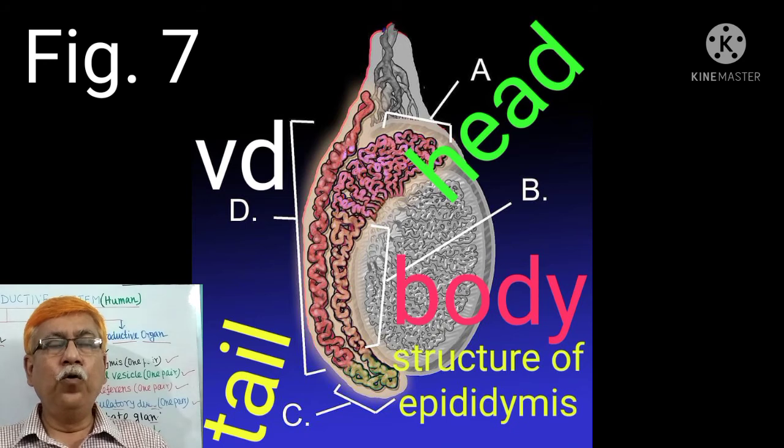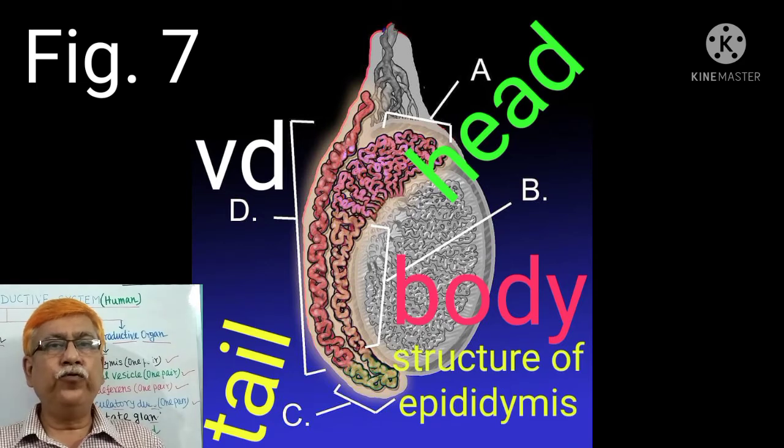Epididymis. Look at figure 7. Epididymis is a long convoluted tube about 6 meters in length.